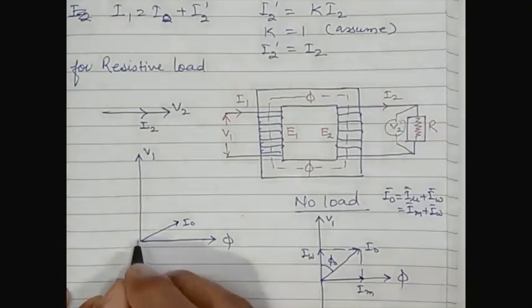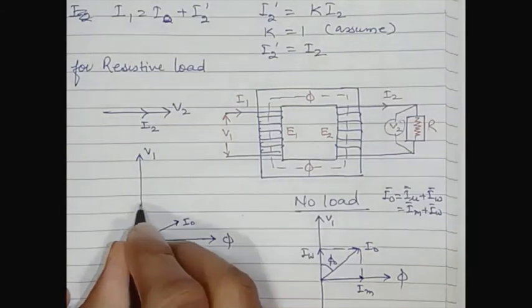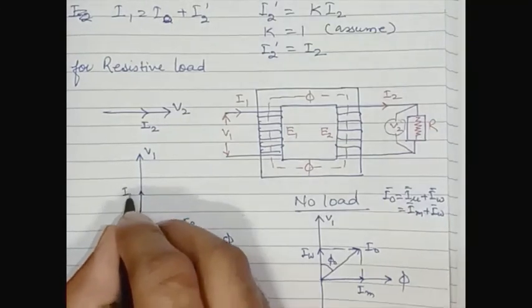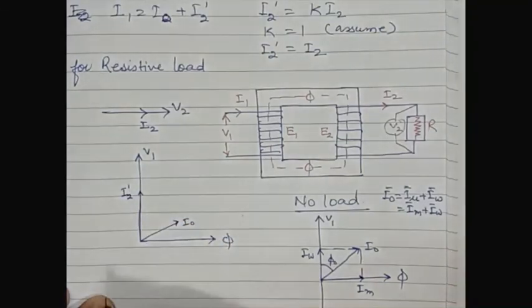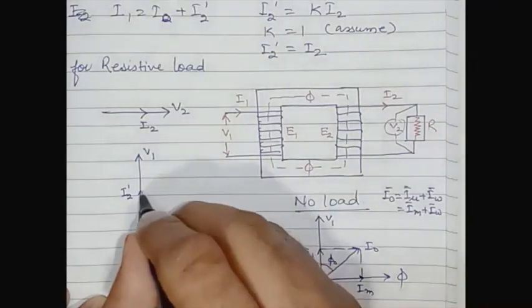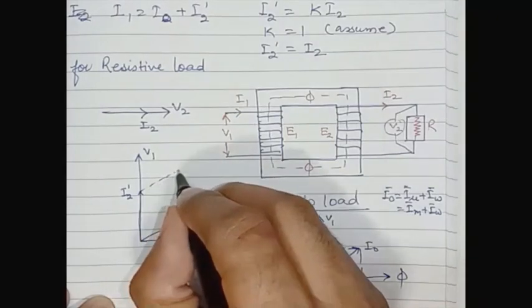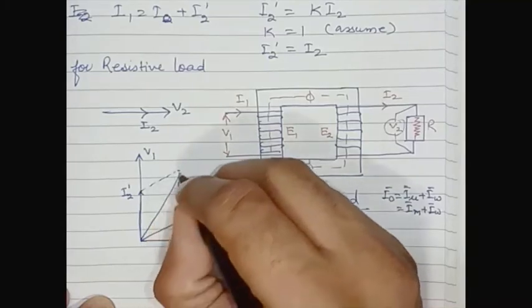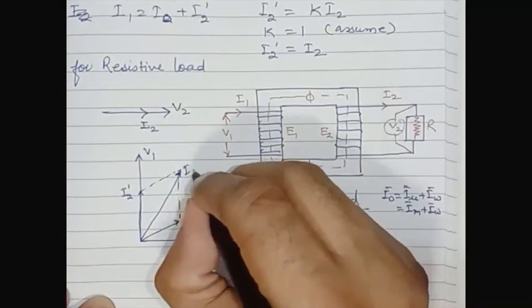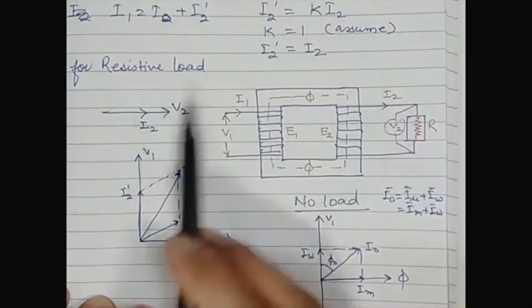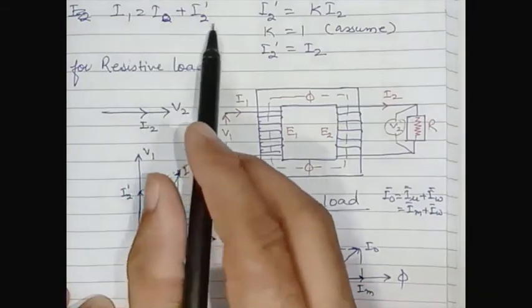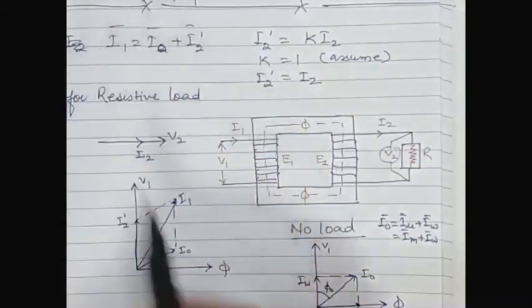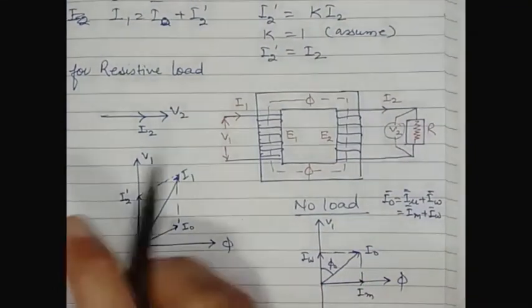So I2 dash will be on the same V1 axis, and the resultant of these is I1, the phasor sum of I naught and I2 dash.